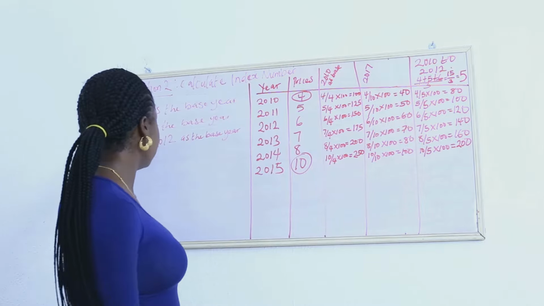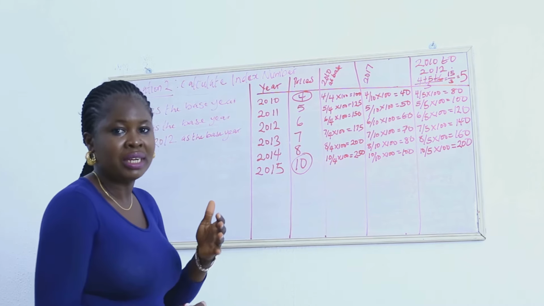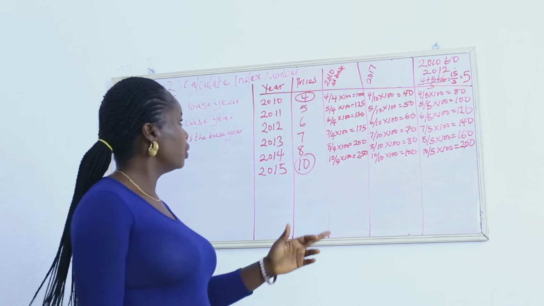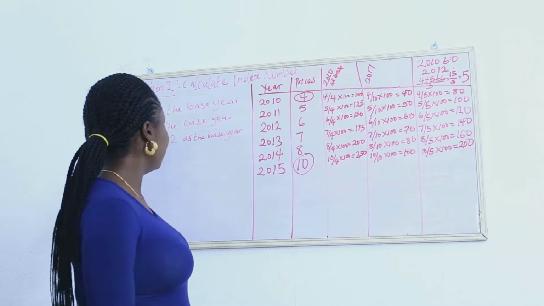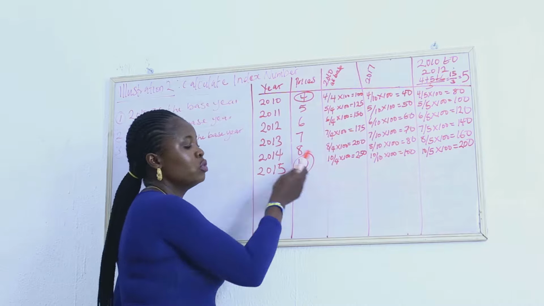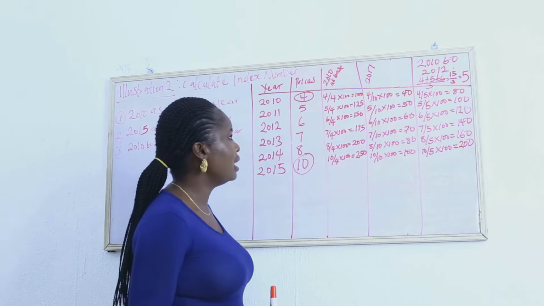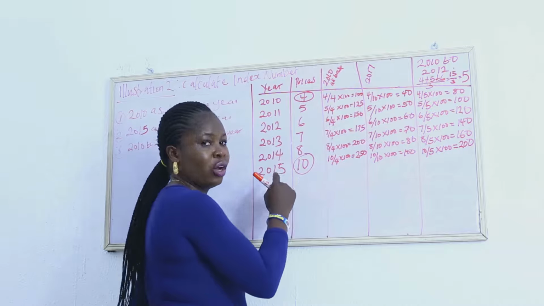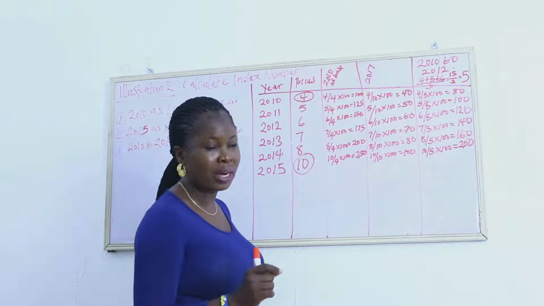The first question says 2010 as the base year. Don't forget that the base year is always beneath the current year. So looking at these prices as the current year and the base year is 2010, the value of the base year is 4. So we come to the first line and say, since 2010 is our base year, the first one will be 4 divided by 4, that is the base year, times 100, that is 100.